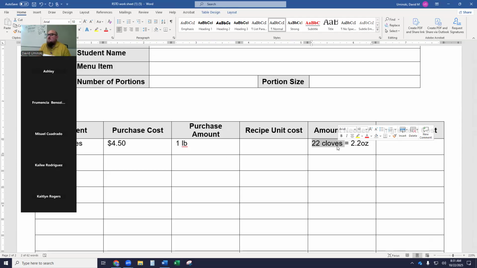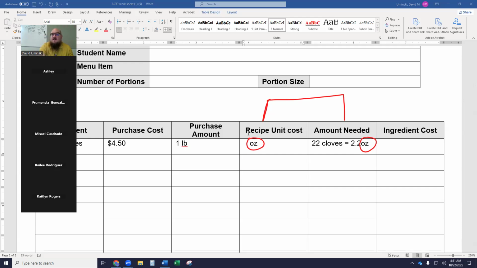And so what I would recommend, as you are making these conversions from volume to weight, is that you write the original recipe amount equals 2.2 ounces, or whatever the conversion is. And that tells me, okay, ounces, so I need to get my recipe cost down to the cost per ounce. The units in this column and this column have to match, and it has to be the cost of one recipe unit.